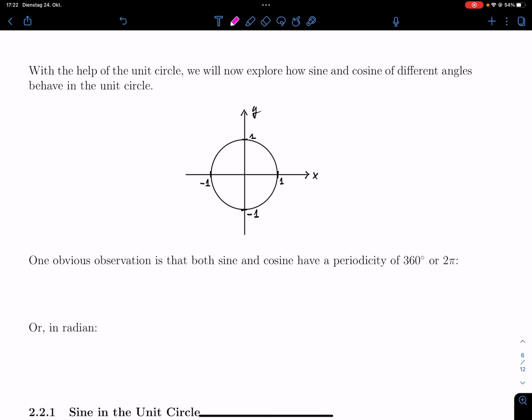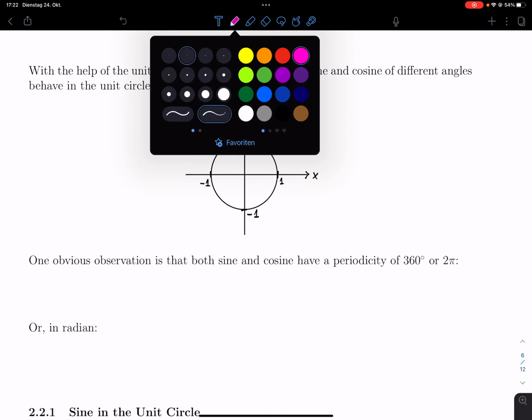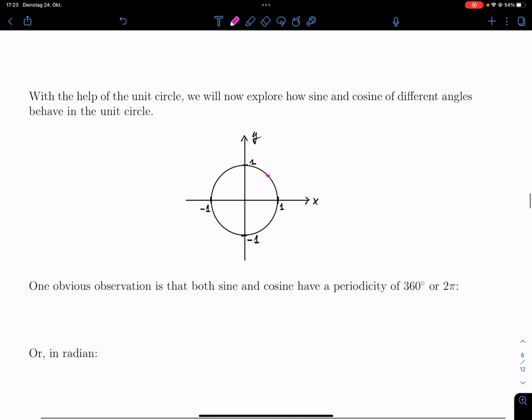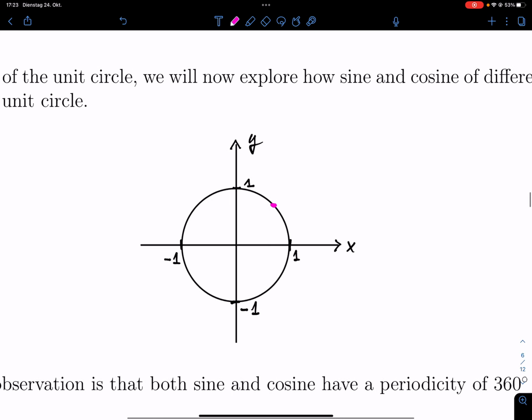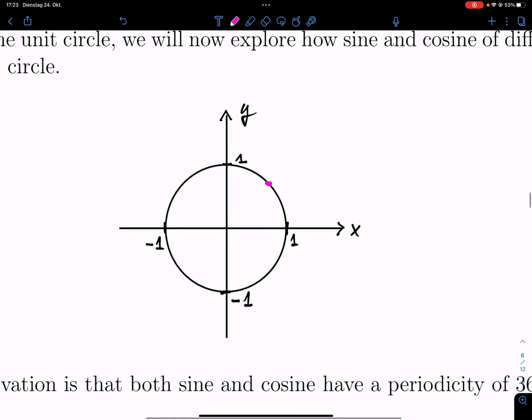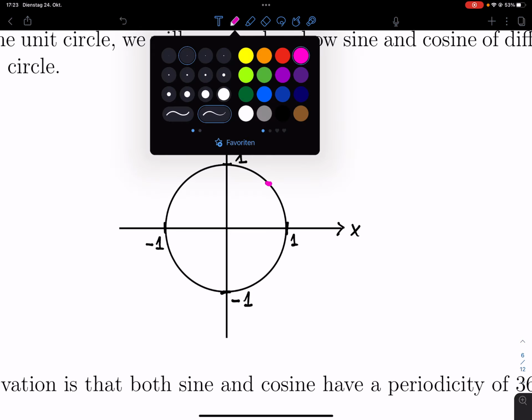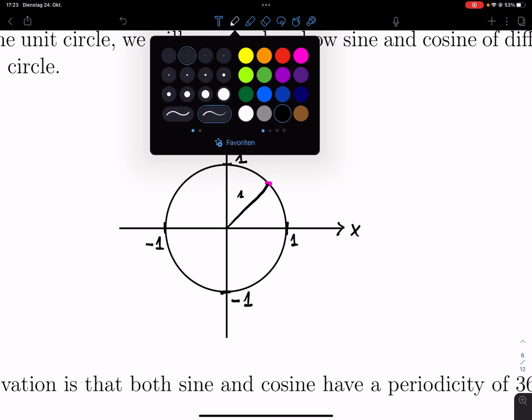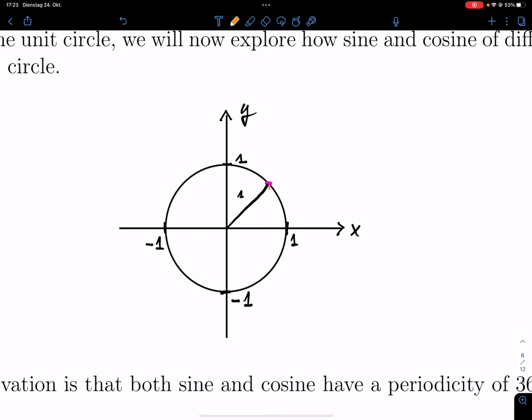All right, now I will look at the important connection between the unit circle, sine and cosine. So if you have the unit circle like this again, you have your radius here, that's also equal to 1, and we said we wanted to look at our y and our x here.